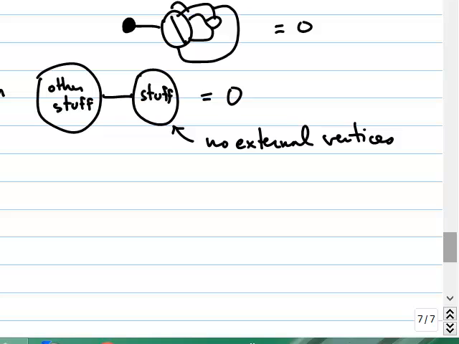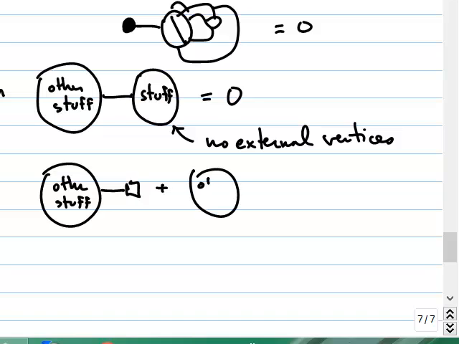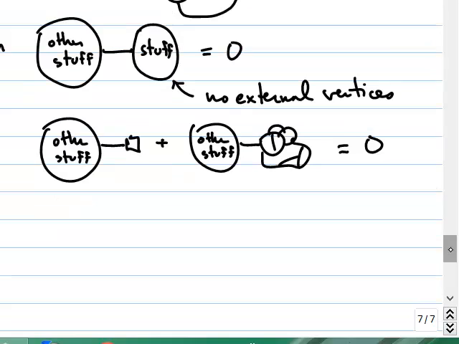Because whenever you have a diagram where you have other stuff connected to stuff with no external vertices, that's canceled by the diagram where you have other stuff connected to that counter term y. You know, where you had one of these complicated diagrams. The value of y is chosen precisely so that it cancels.